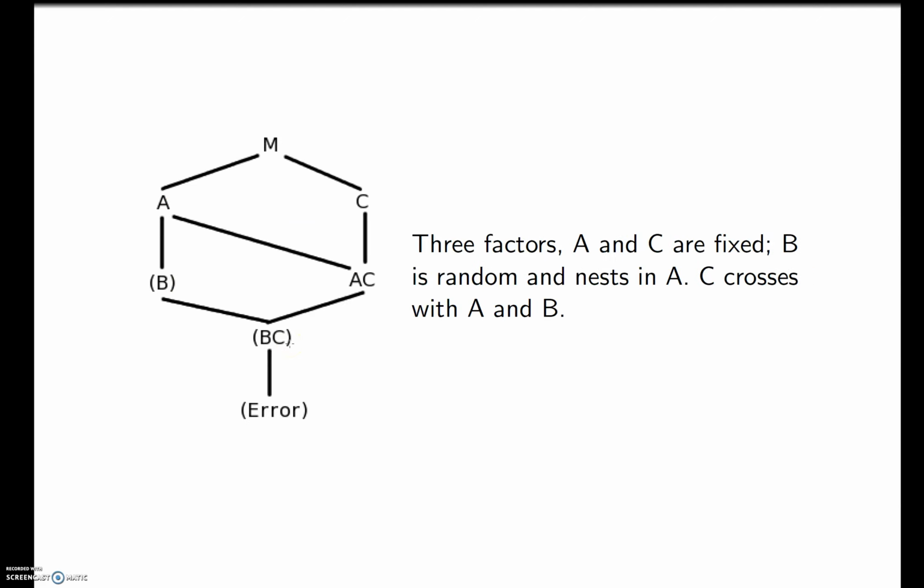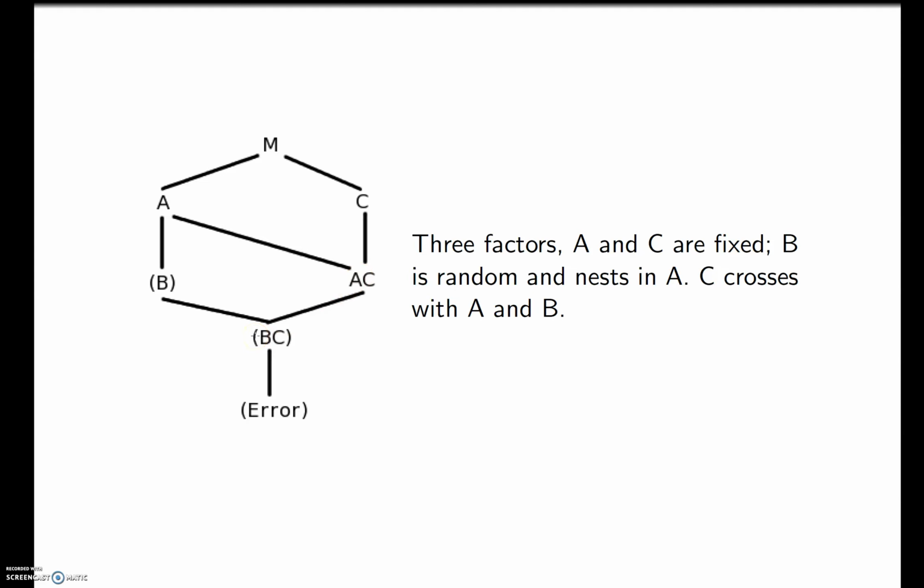Okay, here's something a little bit different from that even. Got our grand mean, and then we got two fixed factors, A and C. Do they cross? Yes. A and C are fixed, and they cross. Okay? But then we have B here. What is B doing? It does not cross with A, and you can tell that because there's just a simple line segment going down to B directly from A. So B is nested within A. But B and C cross.